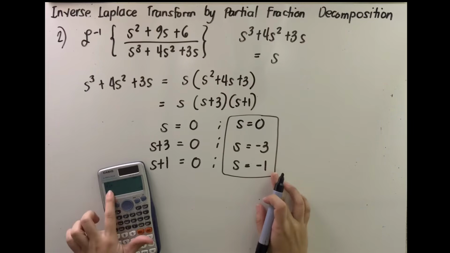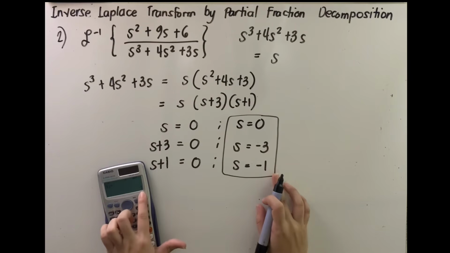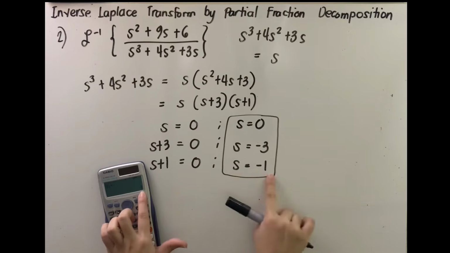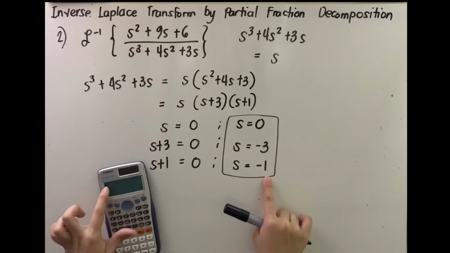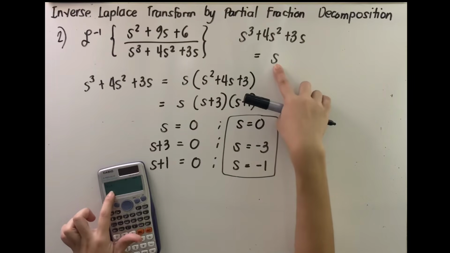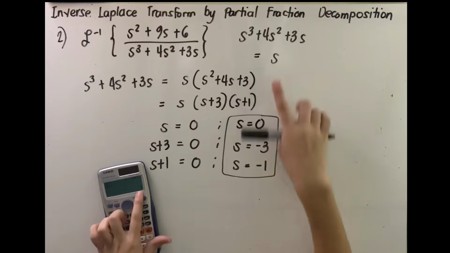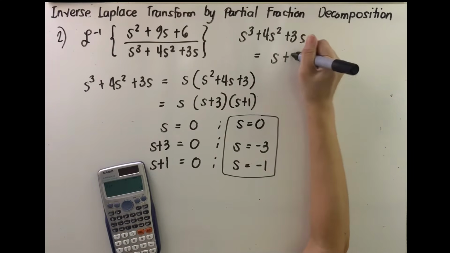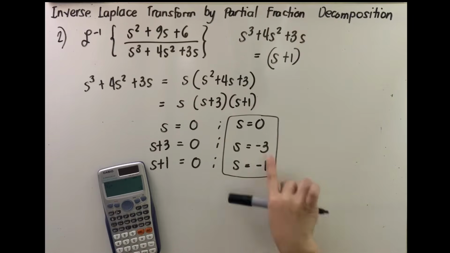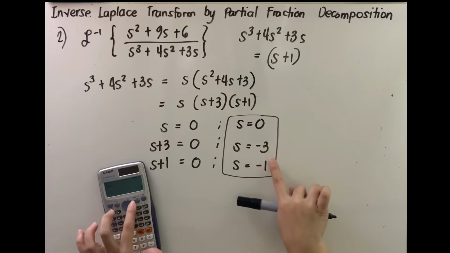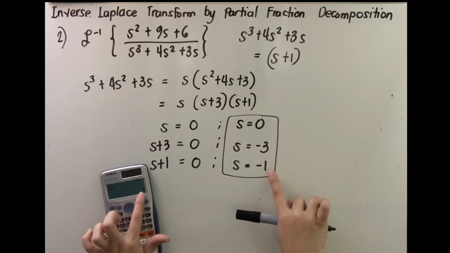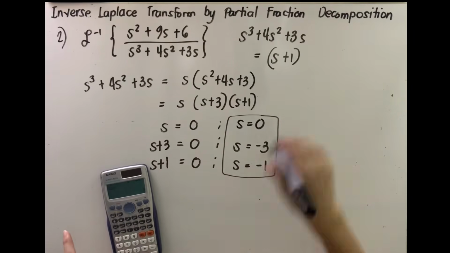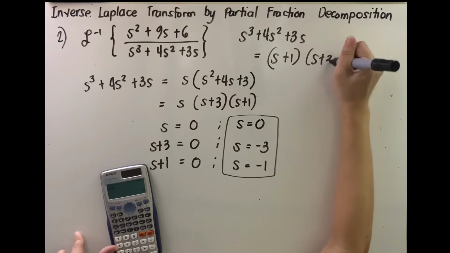So, if I was able to get a root of negative 1, it means ito yung itsura ng equation ni negative 1 na yun. You get x sub 1 equal to negative 1, where this x sub 1 represents your s variable here. So, ang gagawin nyo lang is, simply transpose this to the left, which means you'll get an s plus 1 as a factor. With negative 3, it means you have to transpose it to the left, so you get s plus 3.